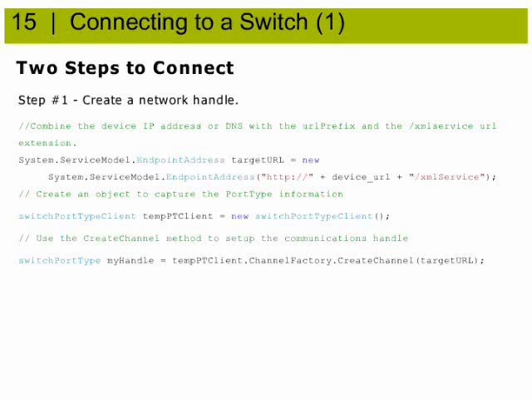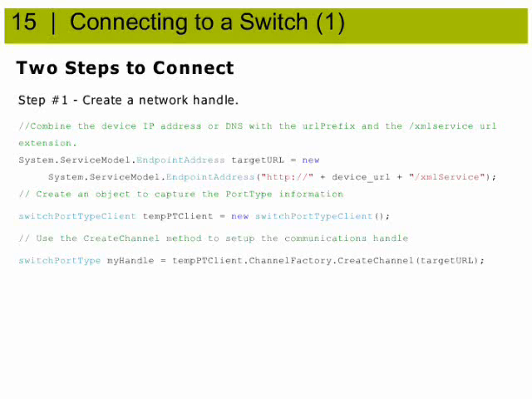To create the channel, you must concatenate the URL prefix http:// with the target switch's address and the string /XMLService. This string is then fed into a method that creates a new System.ServiceModel.EndpointAddress object. You can see this demonstrated on the screen.